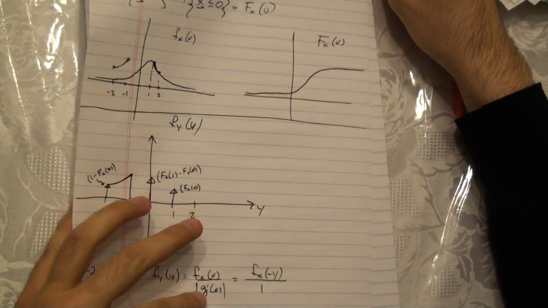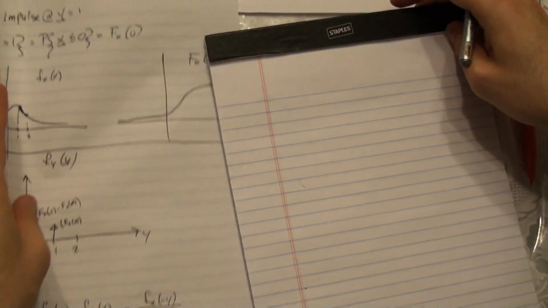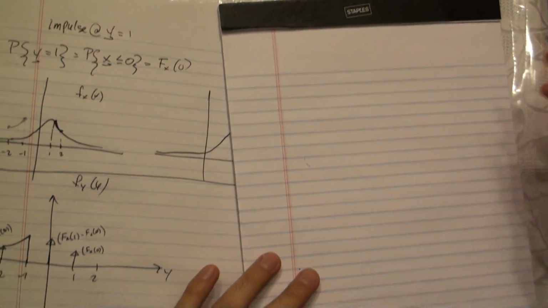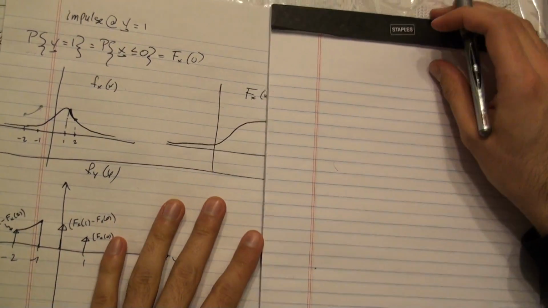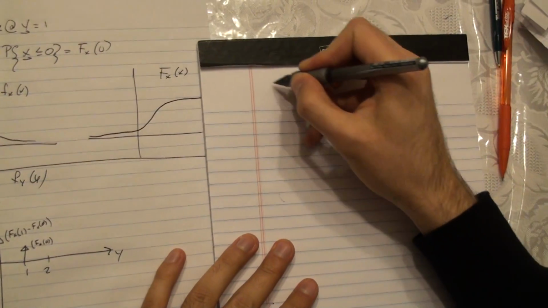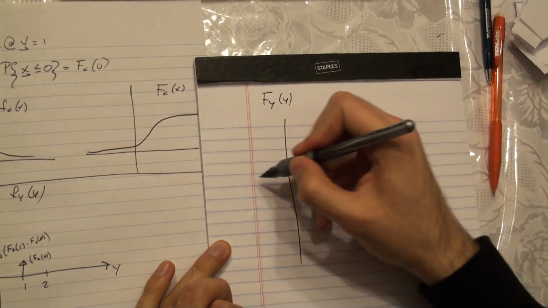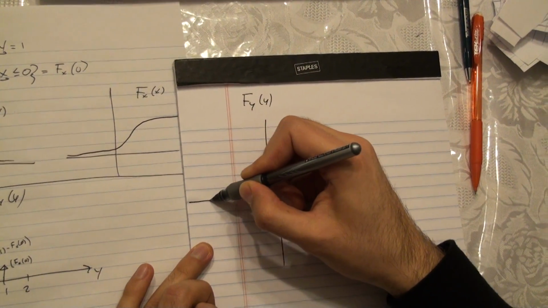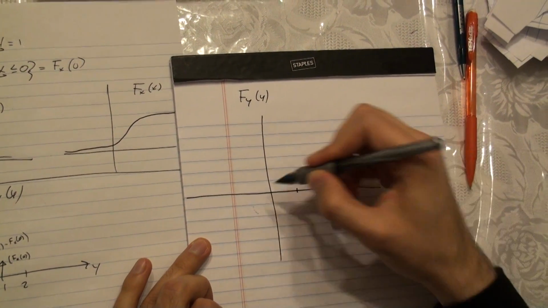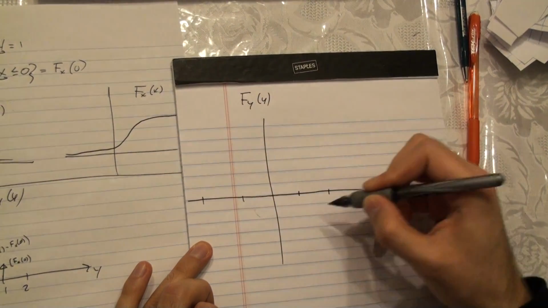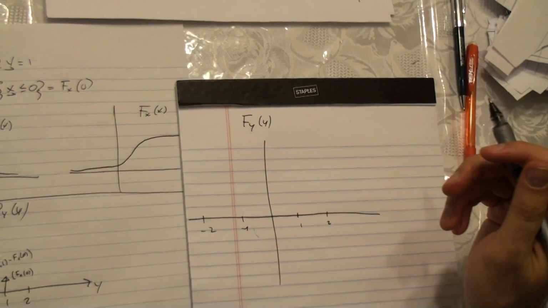Now, to find big F of y, we have to integrate this guy. So, big F of y. Here we have 1, 2, negative 1, negative 2.